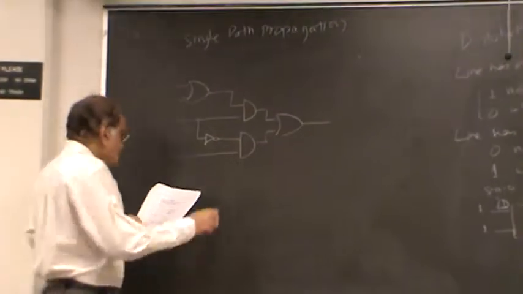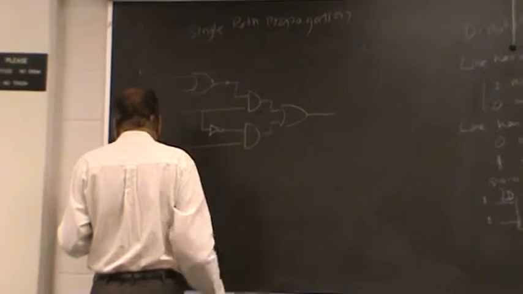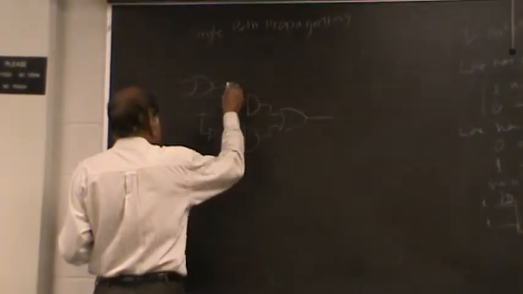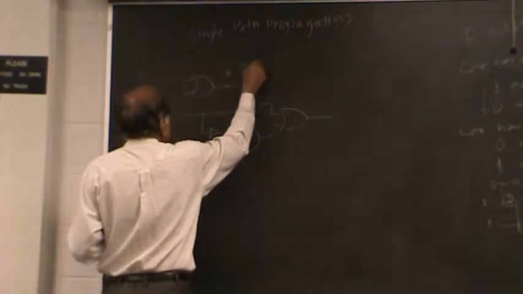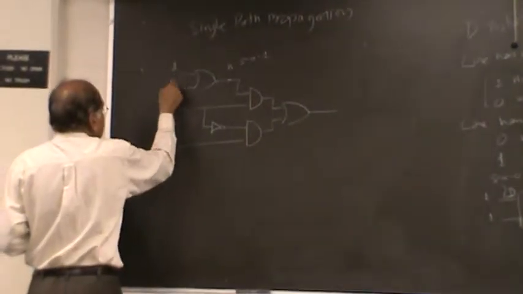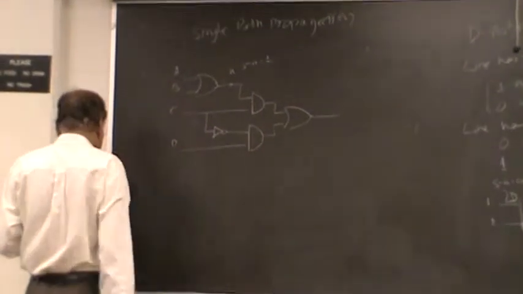And let us assume that we want to get a test for this line, which we could call line H, stuck at 1. And let's assume that the inputs are A, B, C, and D.